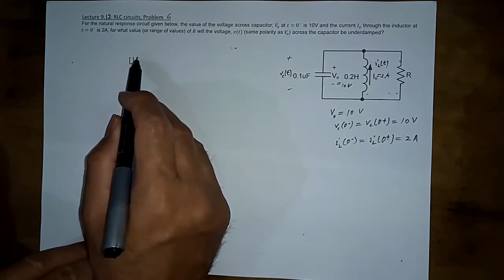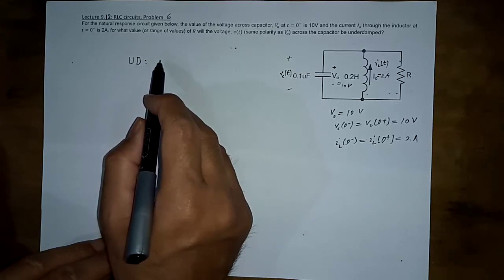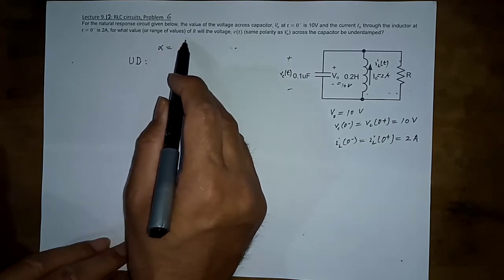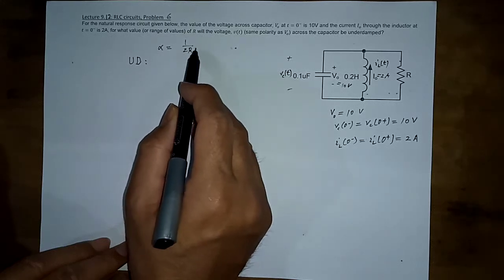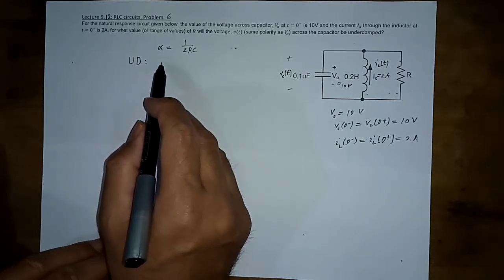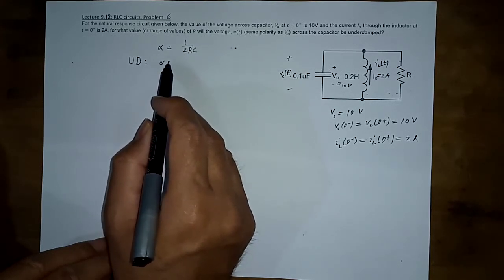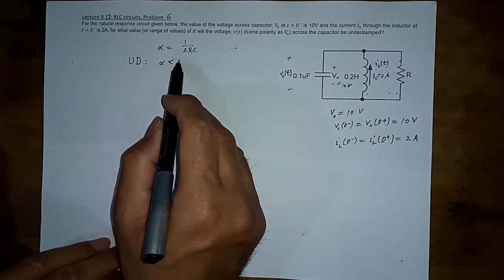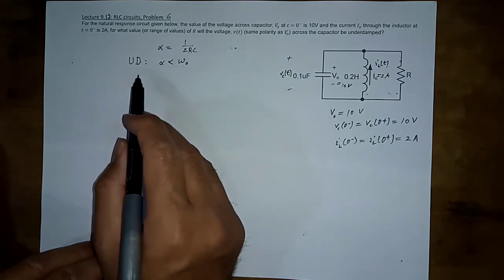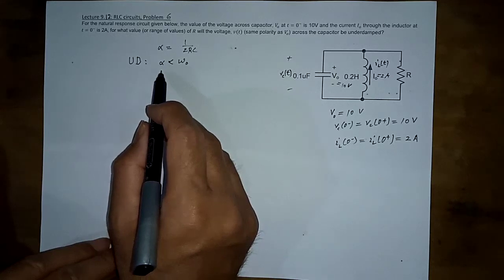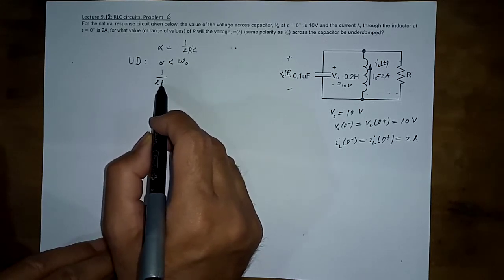For the underdamped case, for a parallel RLC circuit, we know that alpha is 1 over 2RC. For an underdamped case, alpha should be less than omega 0. And alpha is 1 over 2RC.